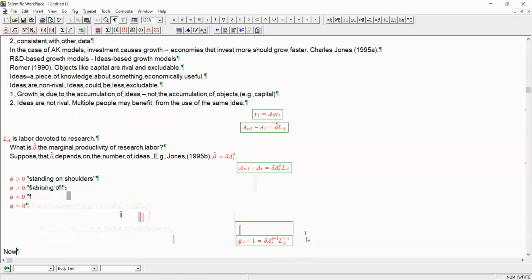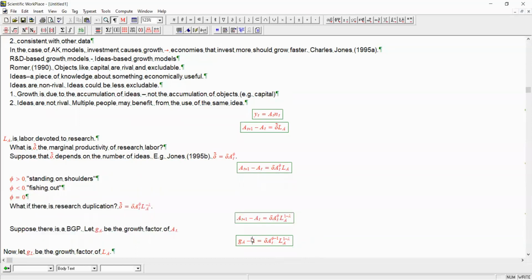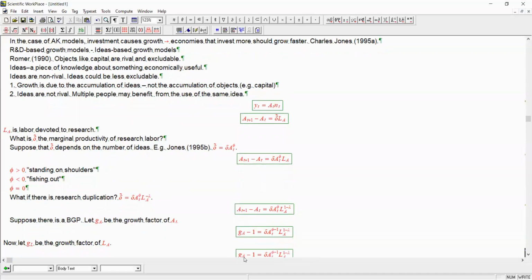Now, let G of L be the growth factor of LA. Why might LA grow? Well, maybe it doesn't grow, or maybe it grows if there's population growth. Then this thing is going to transform itself into the following.